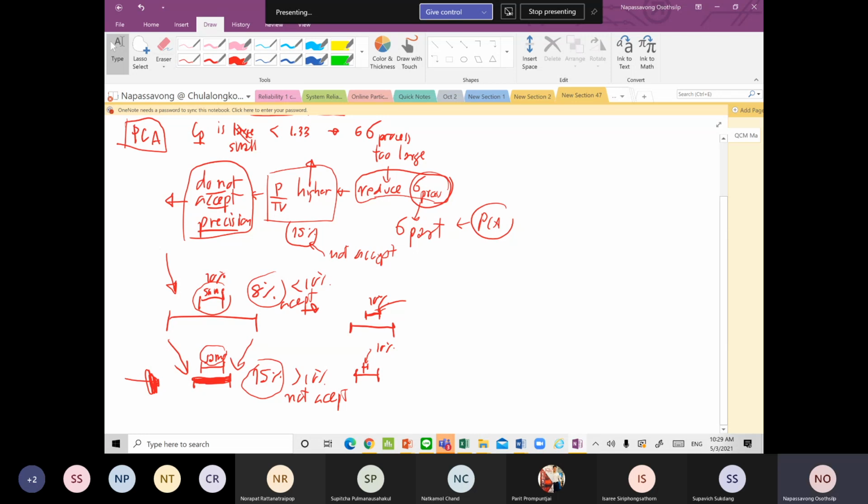If we cannot accept the precision of the measurement system, that means the variation of the measurement system now is too much, right? It's too much to use to measure the variation of this process, which is now small. So if the variation of the measurement system is too much, what do you have to do?